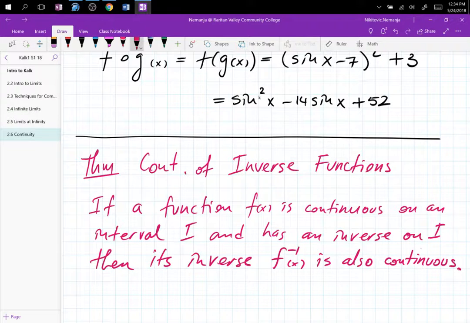Tangent x has a vertical asymptote at every pi over 2, 3 pi over 2, right? So you have to be a little bit careful about that. I agree with everything other than these 4, right? Because they have vertical asymptotes. Now, if you kick those vertical asymptotes out, you have piecewise continuity for each piece. Yeah, cool, right? But they're not globally continuous. You have to be very careful about that.